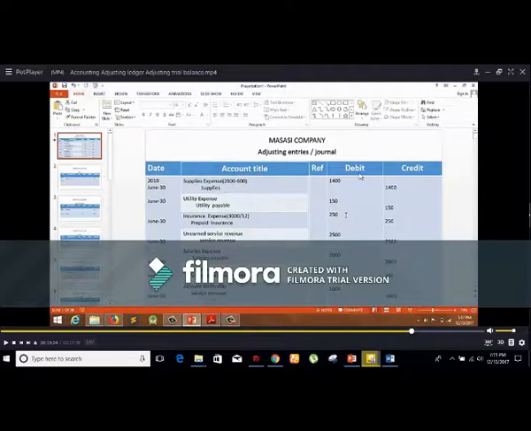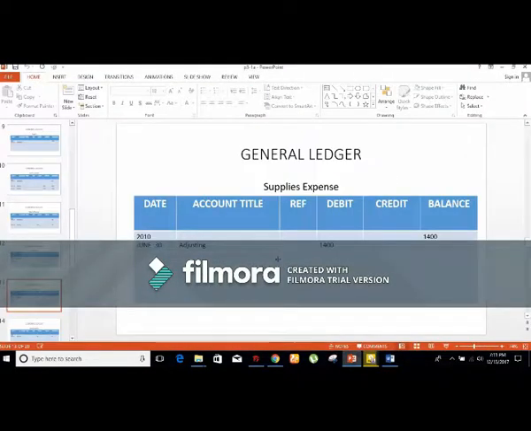Supplies expense is a debit balance of 1,400. We write it as adjusting because we find it from the adjusting journal, and it is a debit balance.